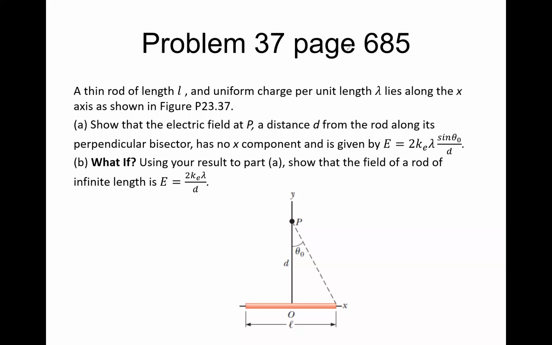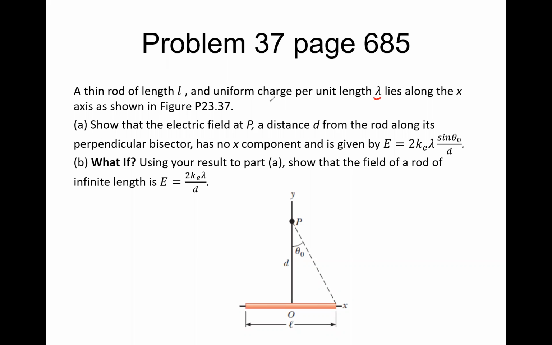Problem 37, page 685. We have a thin rod of length L, so we are talking about the linear charge density, and a uniform charge per unit length lambda.